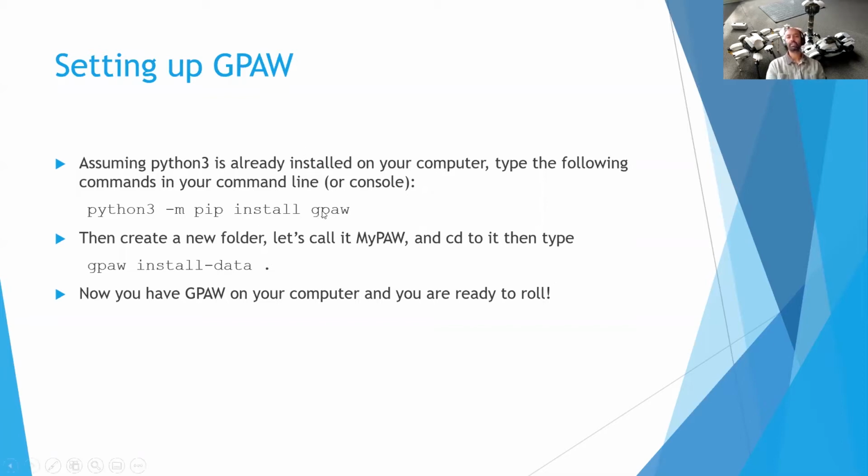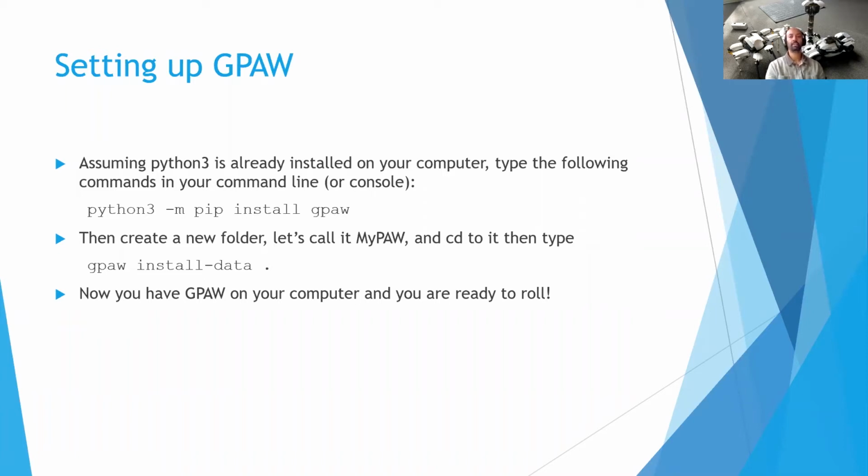And then once you have GPAW installed, you need to install the PAW, or the pseudo-potential files for all the atoms. GPAW is a DFT package, so it represents each atom using a pseudo potential.